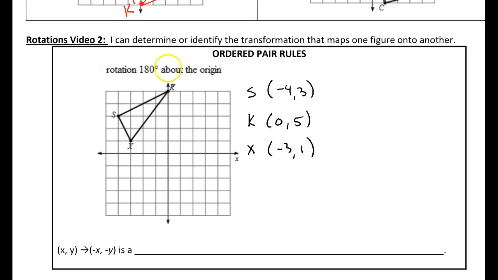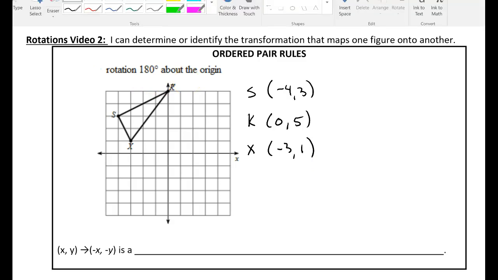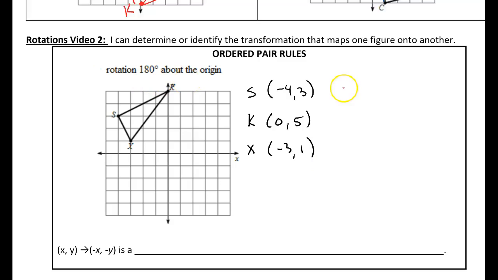So if we're going to rotate this 180 degrees about the origin, we saw that what we want to do is take the opposite of each coordinate. So -4 changes to +4, 3 changes to -3, and for K prime we're going to have 0, -5, and for X prime we're going to have 3, -1.